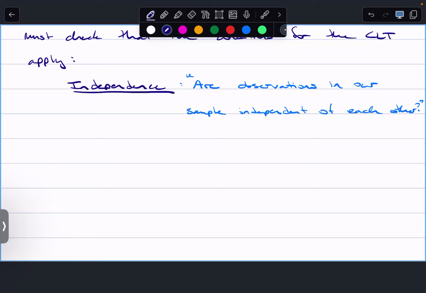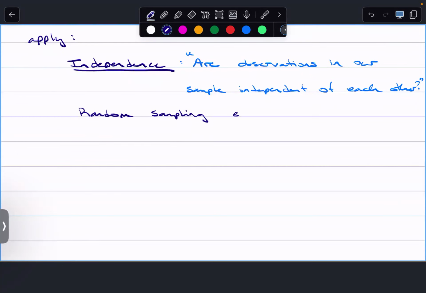Now, the main way that we do that is by randomly sampling, and then we can assume that they're all independent. So random sampling ensures independence. If you've randomly selected your sample, then you can assume independence. That's going to be your number one thing. You just jot down, yep, it was randomly sampled.